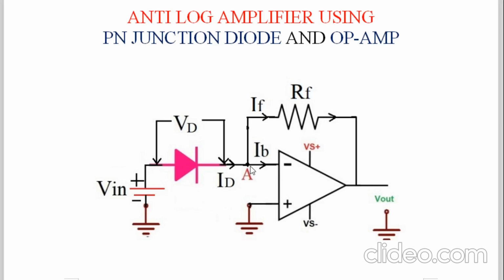The current flowing through RF is IF, which is very large compared to IB. So you have to mention these three currents carefully: the diode current ID, at point A the current going to the op amp IB, which is very small and doesn't matter, and the feedback current IF through the feedback resistor RF.